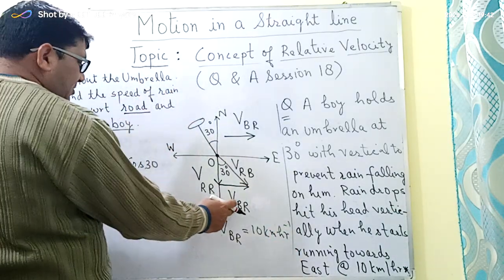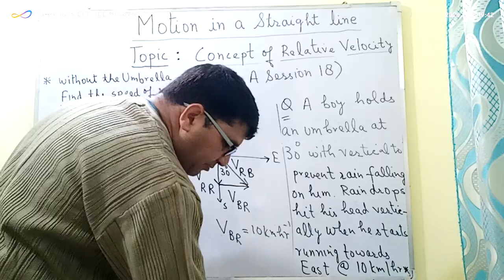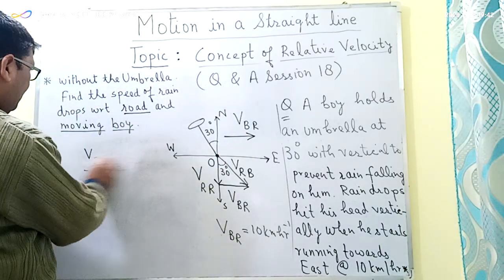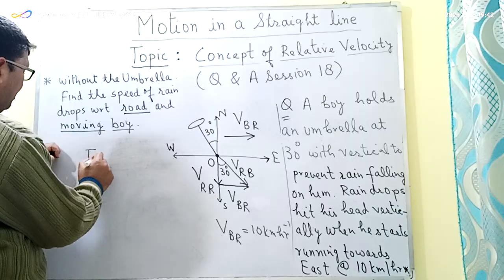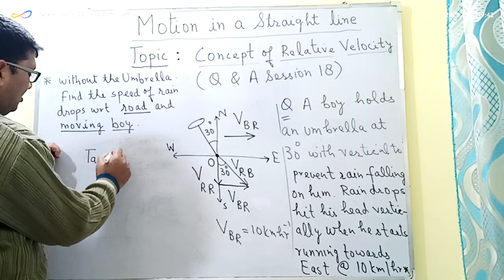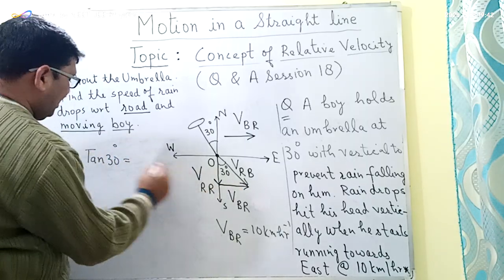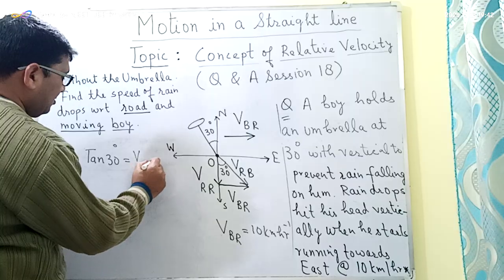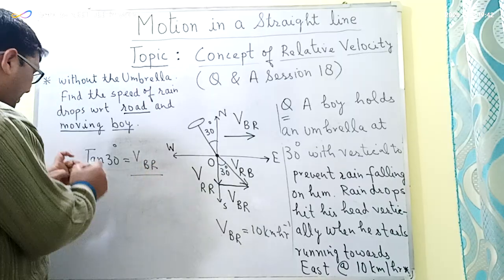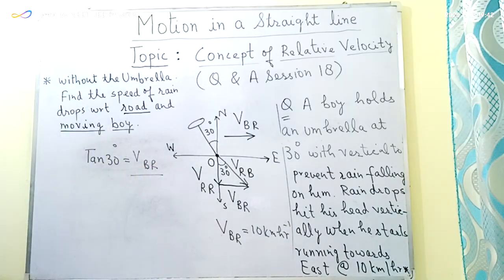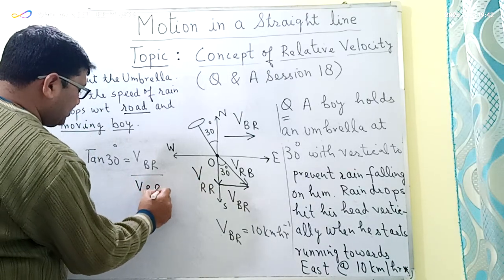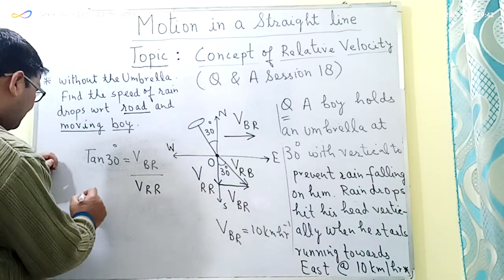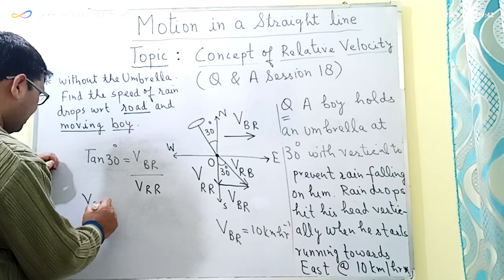So from here, instead of using the cos theta, we will use the formula for the tan theta. So tan 30 will be equal to VBR divided by VRR, and this is what we have to find, that is the velocity of the rain with respect to the road.